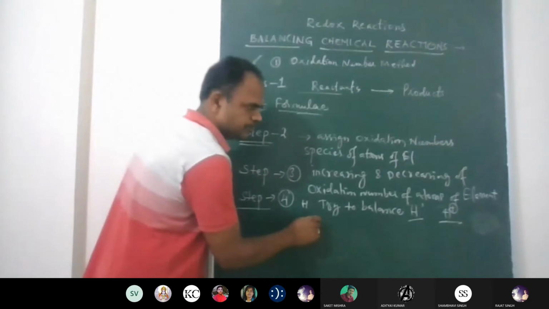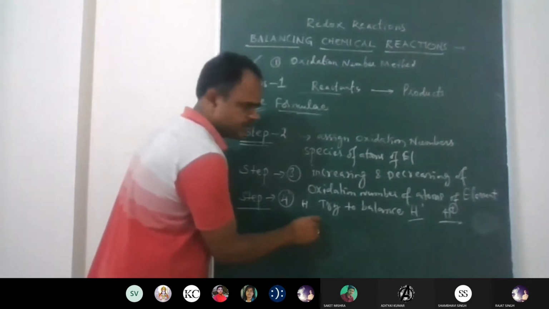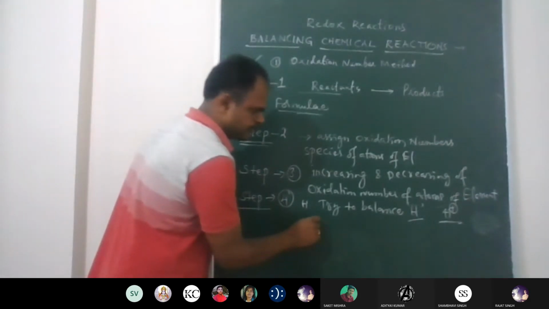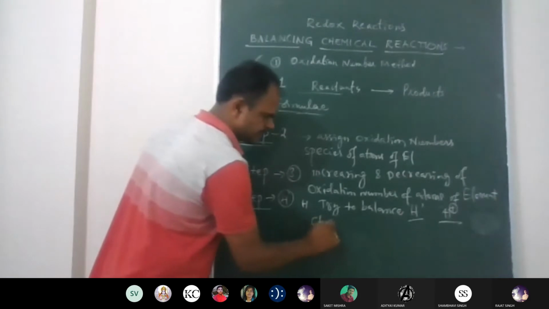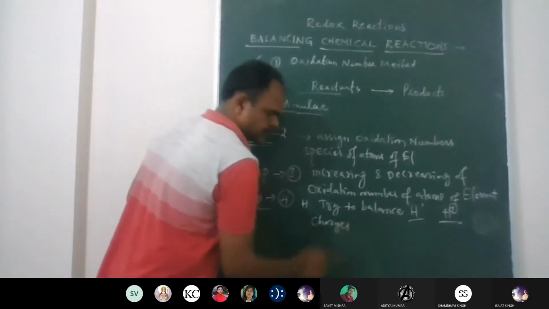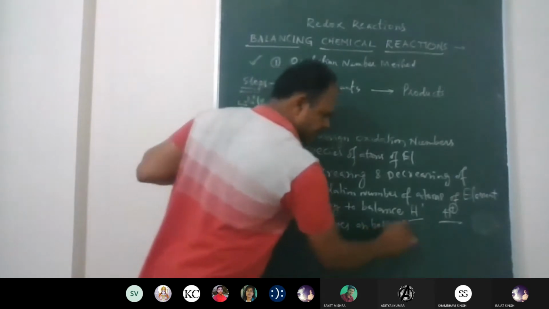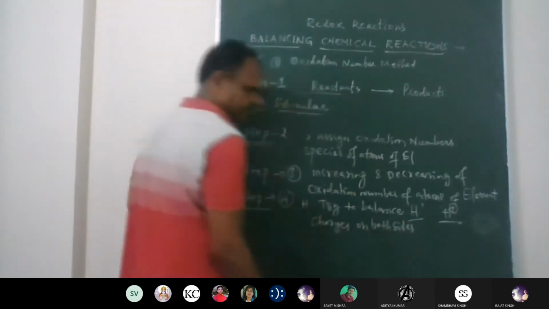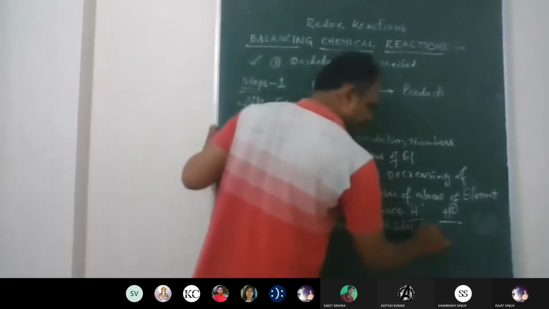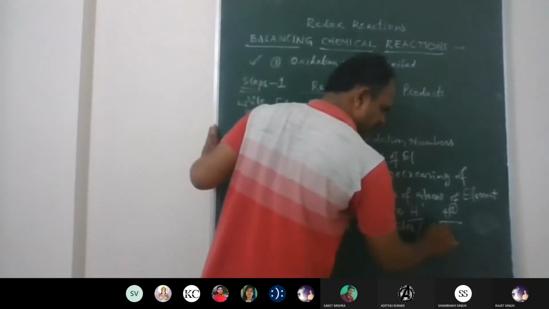So in step 4, the charges on both sides will be balanced, and the number of hydrogen atoms will be balanced.